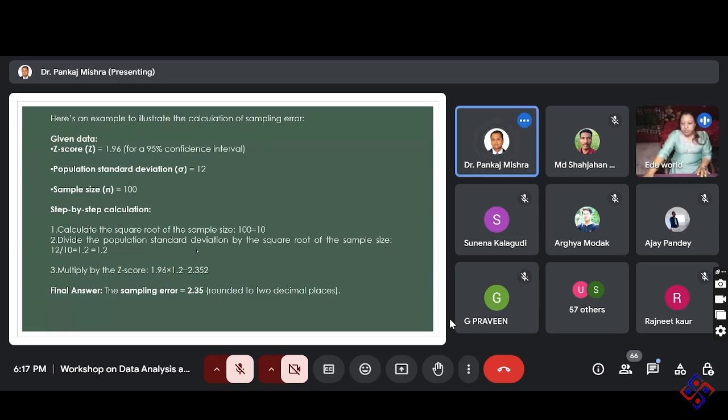The standard deviation value you will get with the help of SPSS. So you have to frame the formula, or put the values in the formula, and you will get the result of how much sample error is taking place. But again, I'm saying it's not mandatory. Next one.